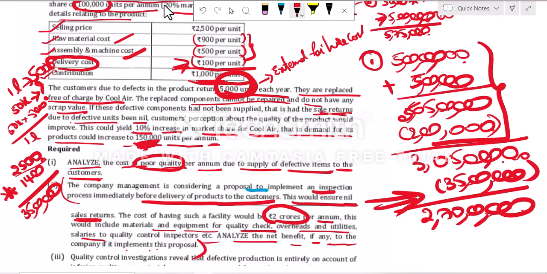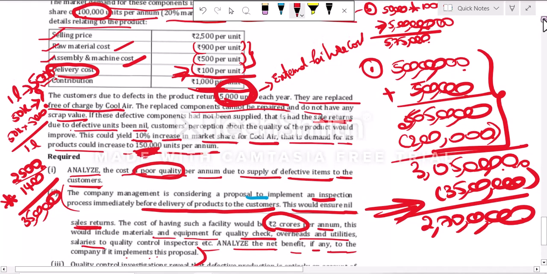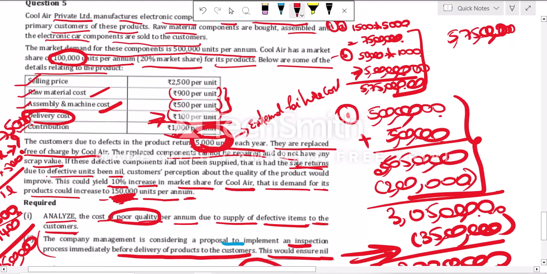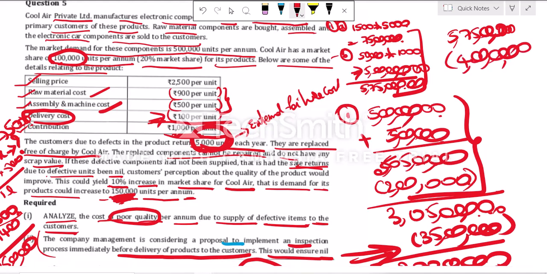Okay, see here, because of the current proposal they were incurring 5 crore 75 lakhs. This one only they will save, no, 5 crore 75 lakhs will be their income. And how much were they incurring? 4 crores for the proposal, means 1 crore 75 lakhs will be profit.